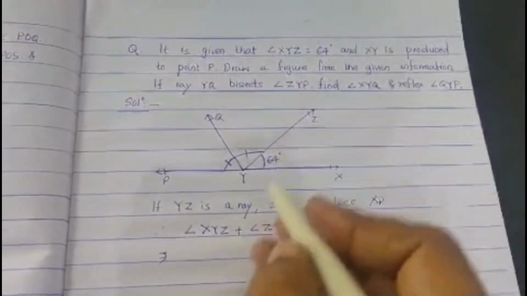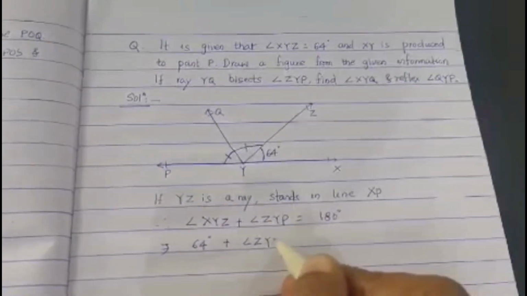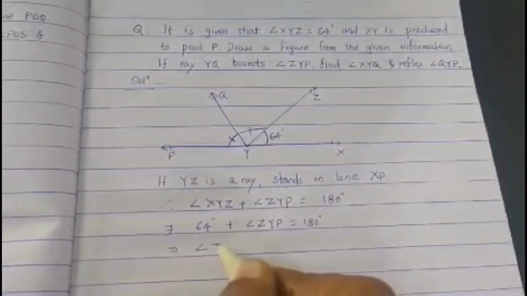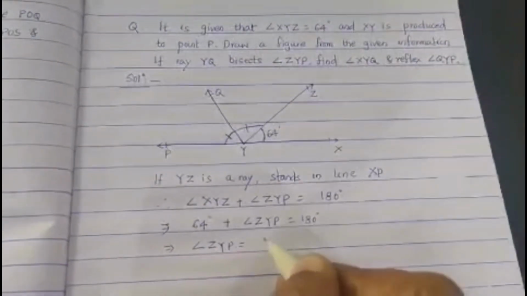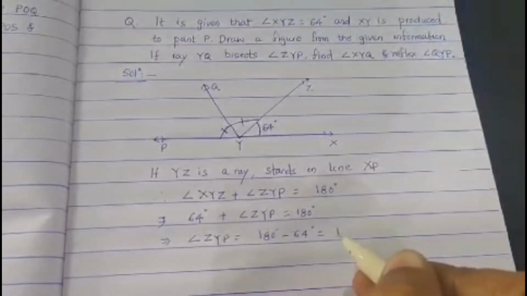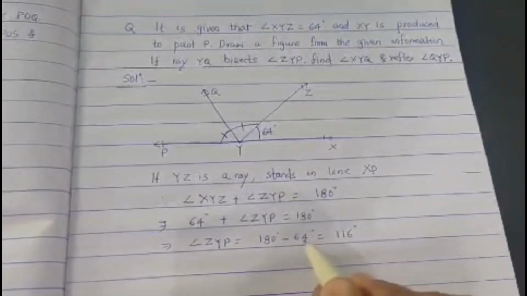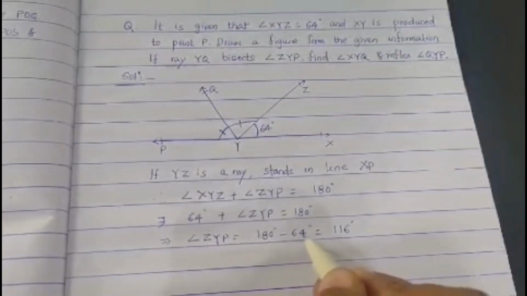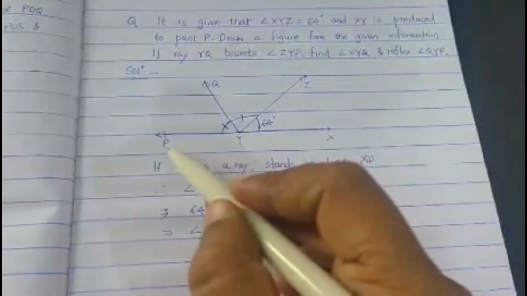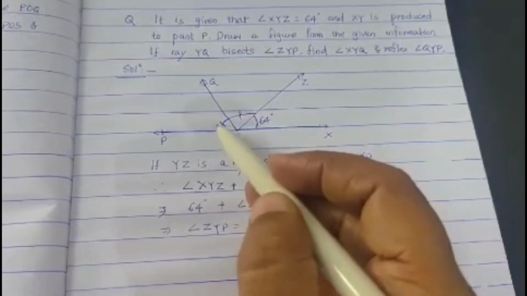This implies angle XYZ, which has been given 64 degree, plus angle ZYP is equal to 180 degree. This implies angle ZYP is equal to 180 degree minus 64 degree, and that will be equal to 116 degree. 16 plus 4, 20, 60, 80. So angle ZYP equal to 116 degree.